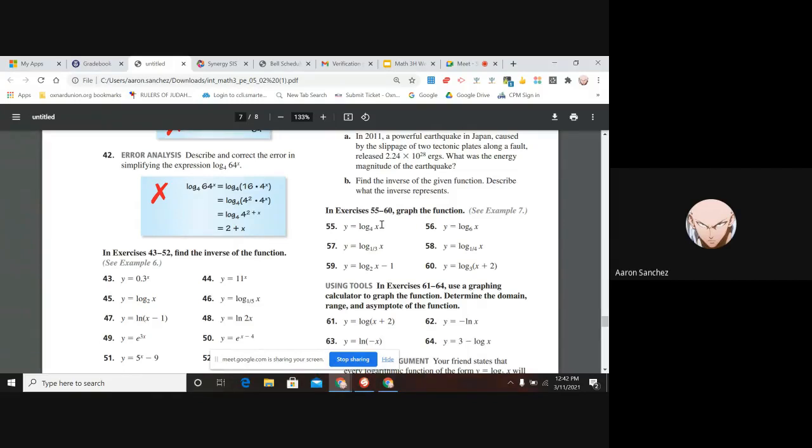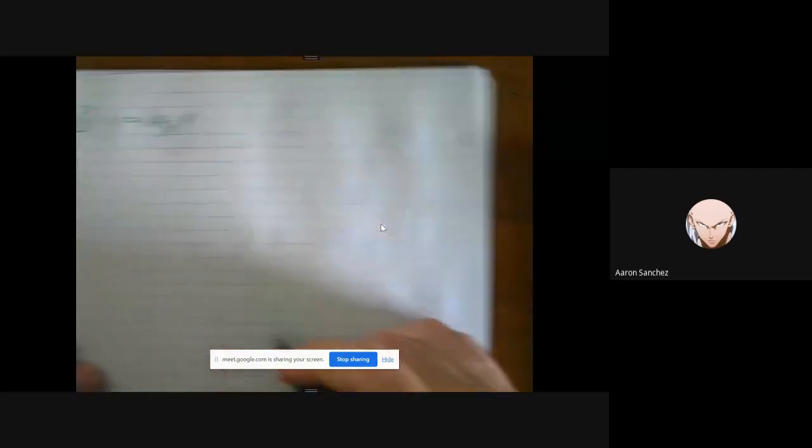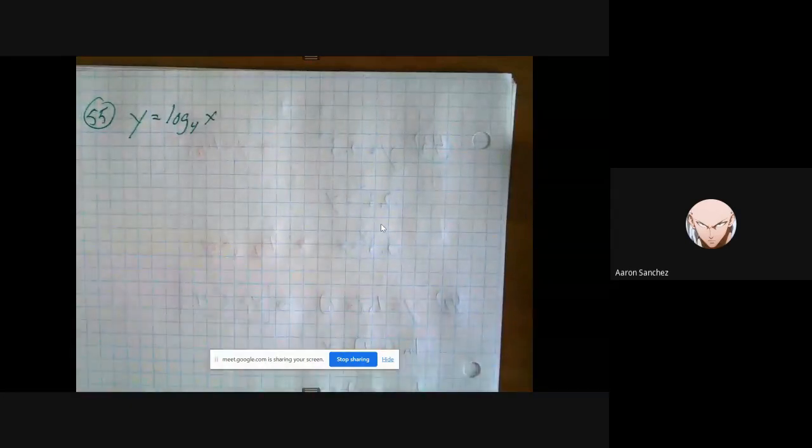Now, how the heck do you graph a logarithmic function? Okay, so there you go. How do you graph that?